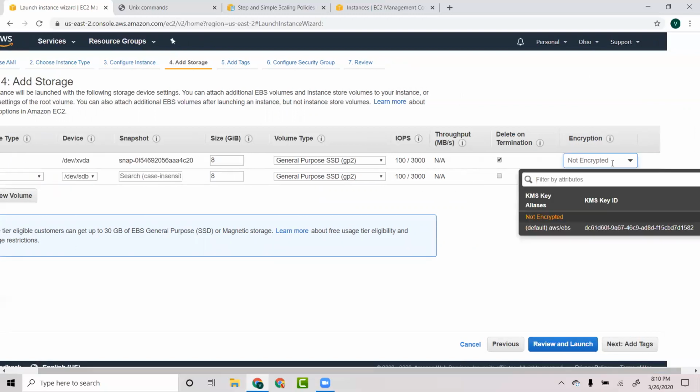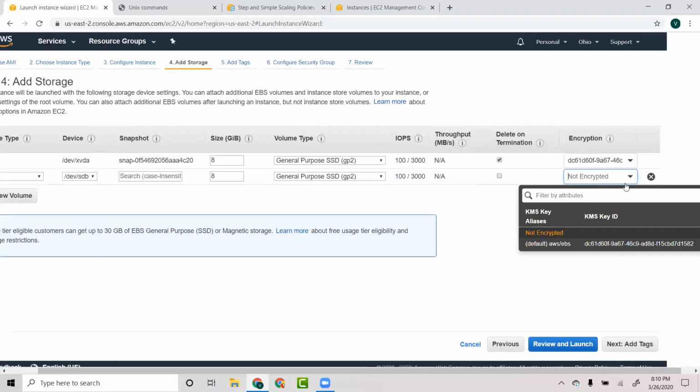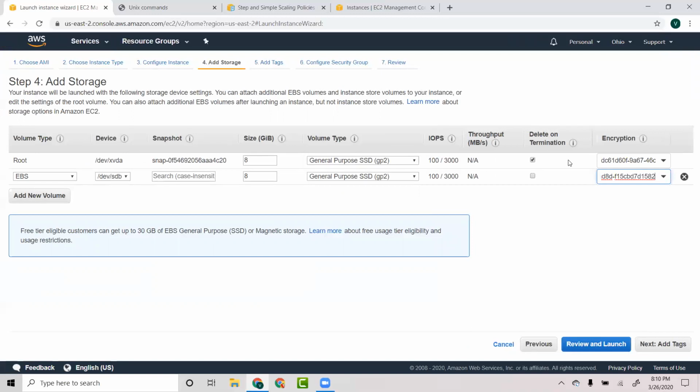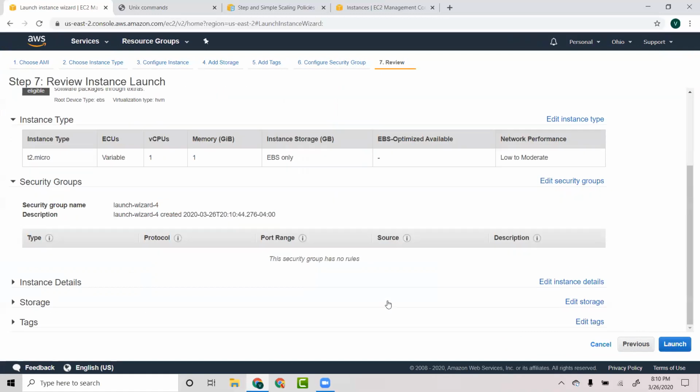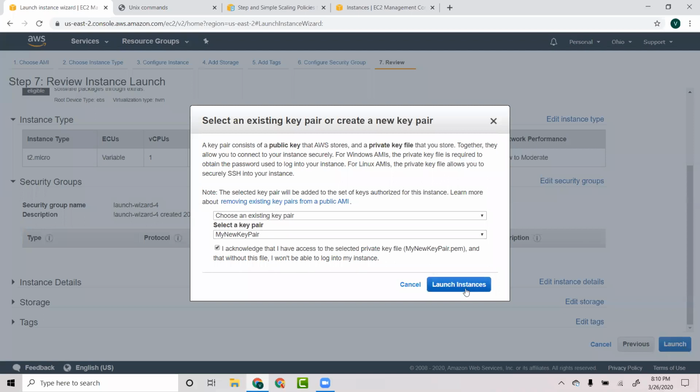If you want your data to be encrypted, absolutely you can do it. Encryption at rest will be enabled. Make sense? This is an additional volume: the first is the first hard disk, and this is a second hard disk. It's an EBS volume you added, and for my second hard disk, I want 100 gig. And delete on termination, no, I do not want. And review and launch. I'll go ahead and launch it.